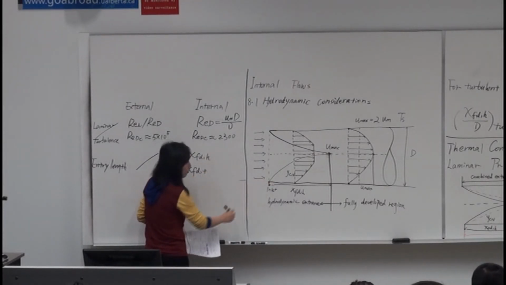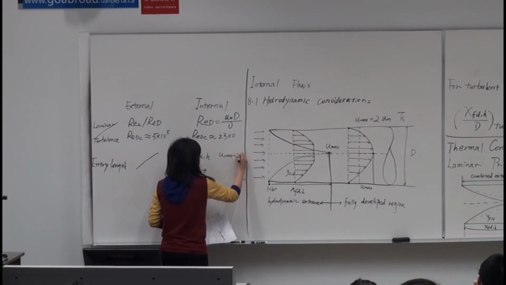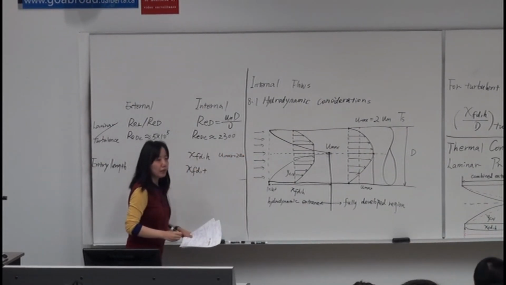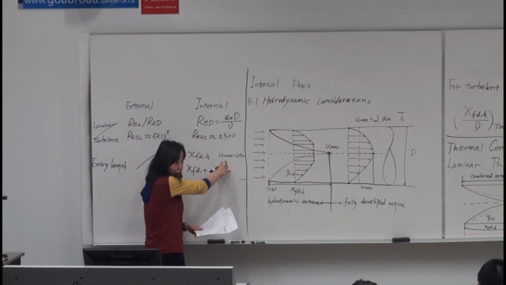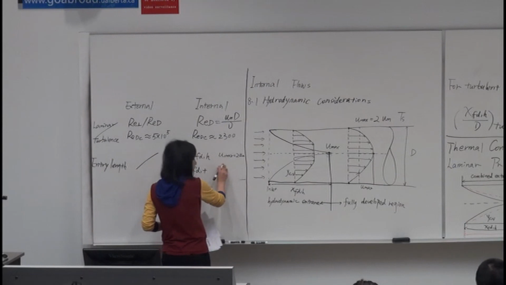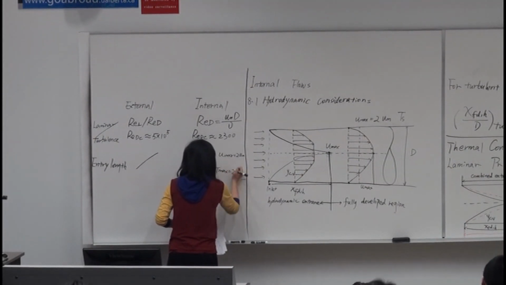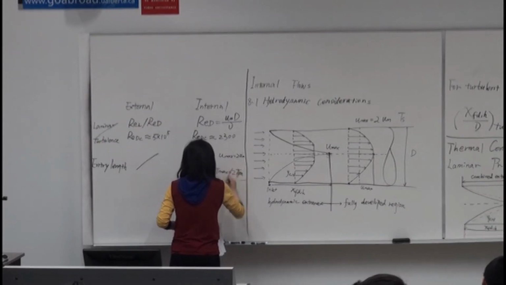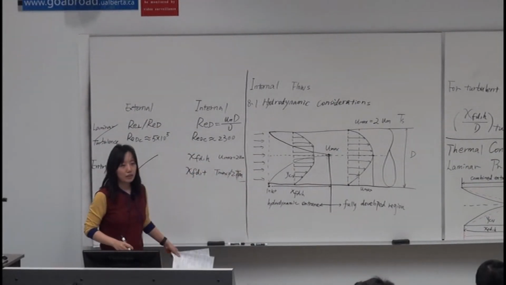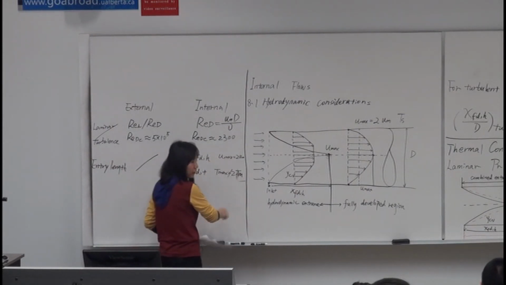Once it reaches the fully developed region, the maximum velocity is twice the mean velocity. But for temperature, no. Not necessarily. It's not a parabolic decay anymore.